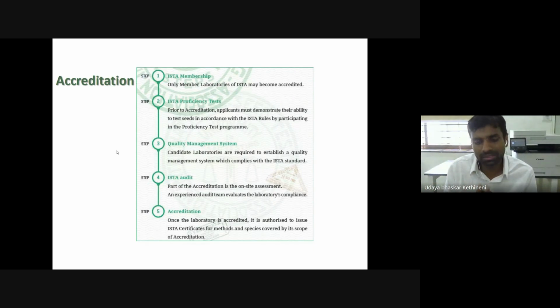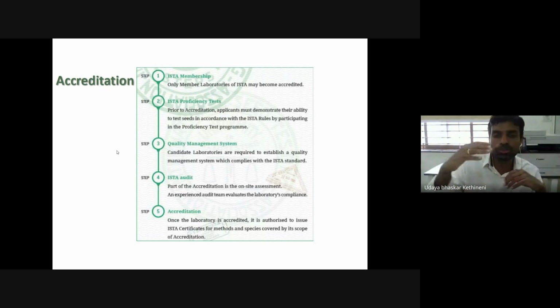So whatever money you spend on the accreditation process, when you issue orange seed lot or blue seed sample certificates, you can get that money flowed back. The basis is that your quality standard will be upgraded into the international domain. That is the basic crux of accreditation.